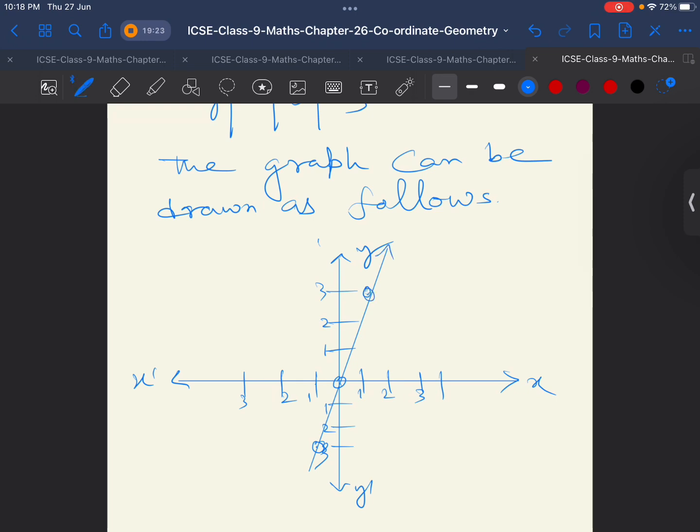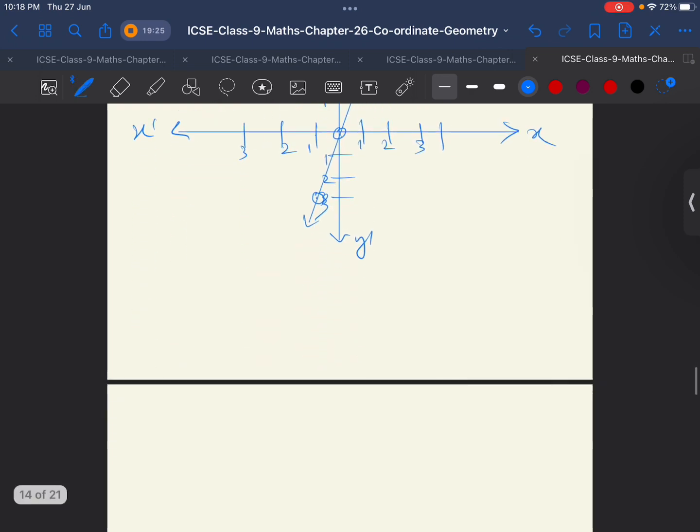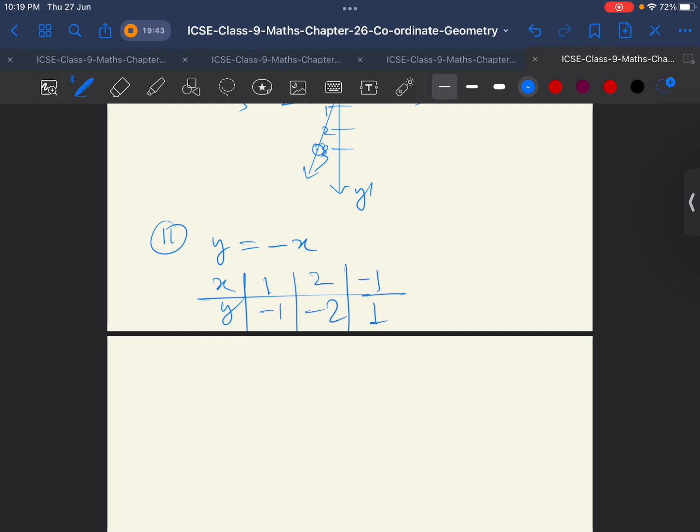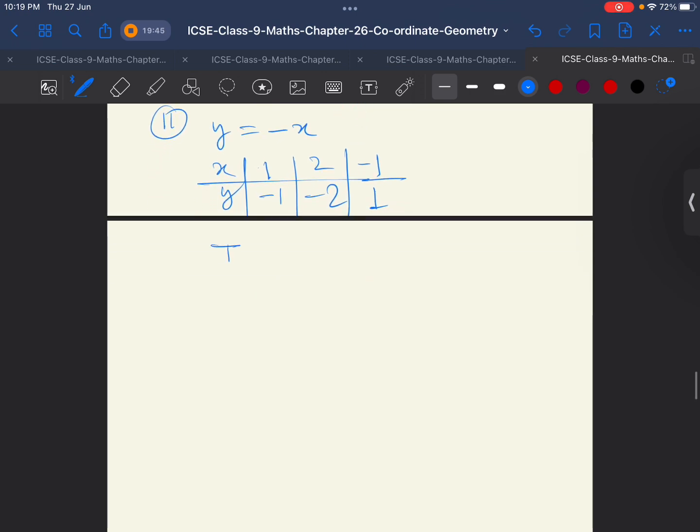Okay, now the second question, y equals minus x. Then the table is here. If x is 1, y is minus 1; x is 2, y is minus 2; x is minus 1, y is 1.